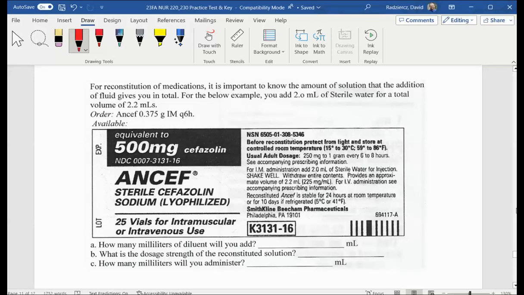There's a couple things that are a little bit different in this. First of all, what you're typically going to see is the order and the available, and then the question here: how many milliliters will you administer? That's pretty standard. What you're also going to see is it'll tell you that this particular medication is intramuscular.